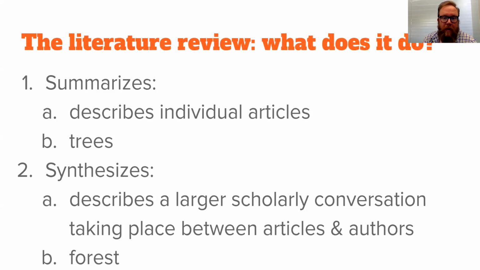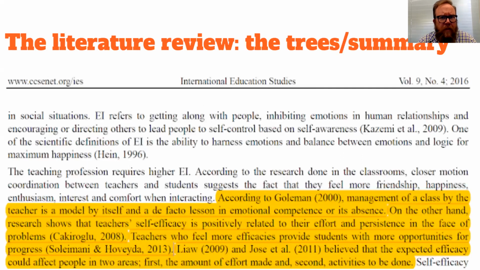another word is escaping. You're going to describe a larger scholarly conversation taking place between articles and authors. So you're going to take what you've learned about all these individual articles and describe them as a conversation, or as a trend going on in that conversation, or as a conclusion that's been reached by multiple authors. And this can be really difficult.